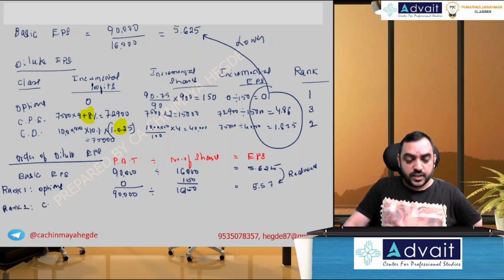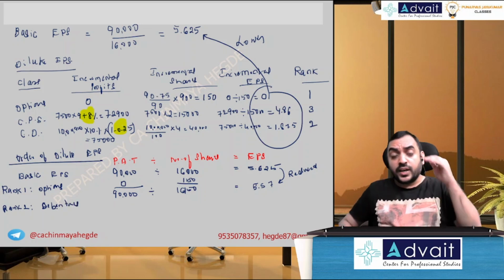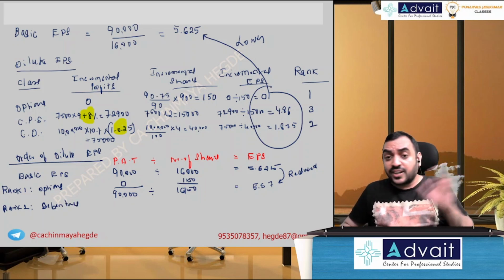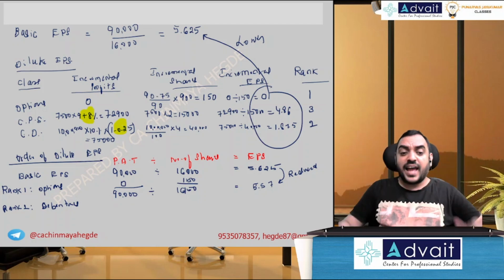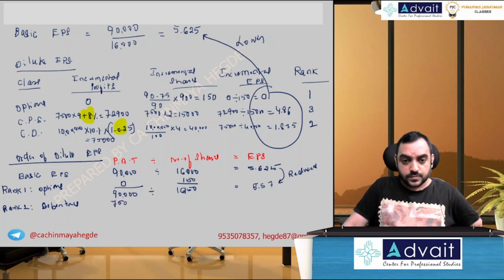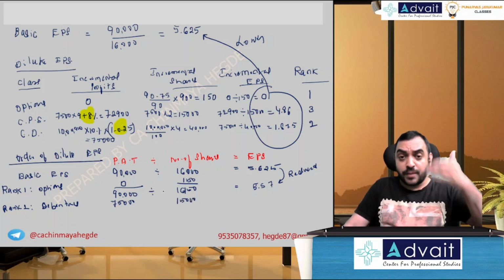Rank 2 is convertible debentures. And please understand, when I say rank 2, I don't take only rank 2. I'll go on a cumulative basis. For the previous line item, I will add. So the incremental profit for the debenture was 75,000 and the shares 40,000. On a cumulative basis, you have to keep adding.